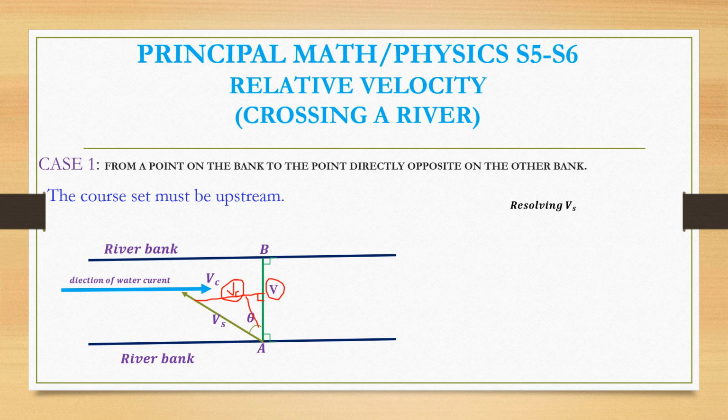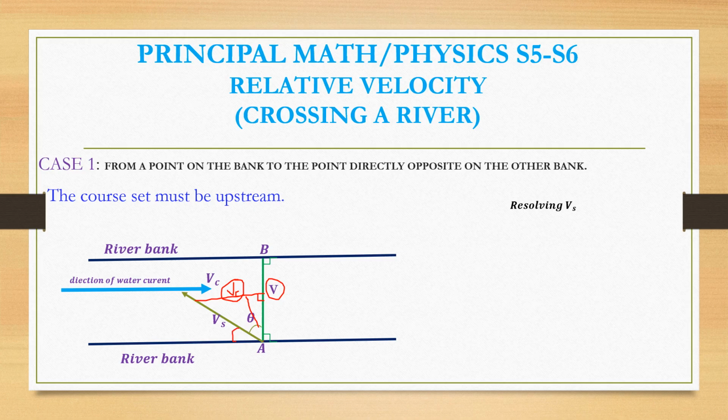Because this angle is between the vertical and the velocity, the direction component, or the direction of the boat in the still water. So it is not with the base, it is not with the bank. If it was with the bank, we would have that as a different case.